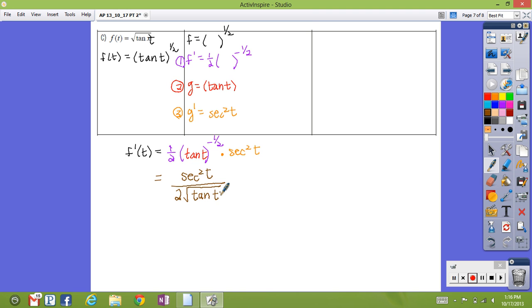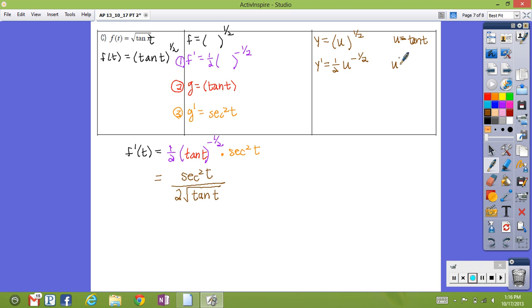The other notation, you would have y, and you would have u. Alright, so y is the parentheses 1/2, and the only difference is we put a u inside, and the u is the inside function, which in this case is tangent of t. And then what we're going to do is take y prime, which is 1/2 u to the negative 1/2 power.